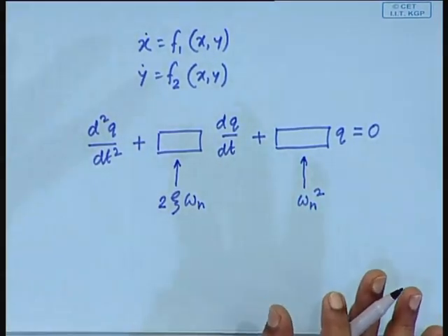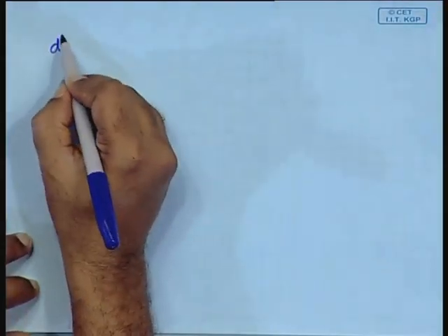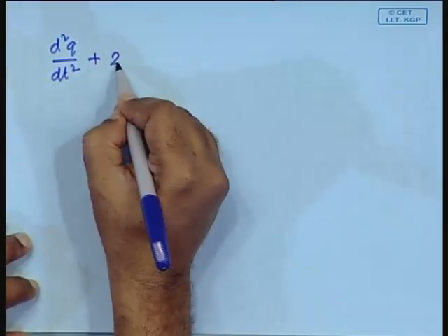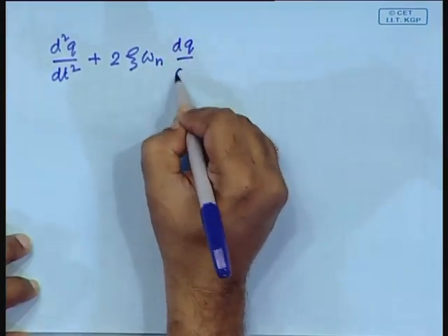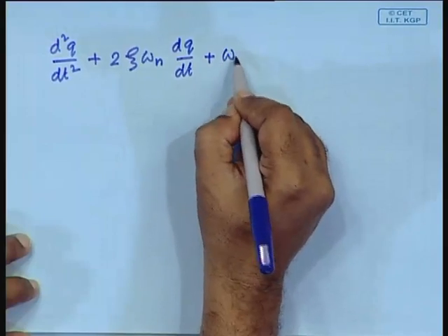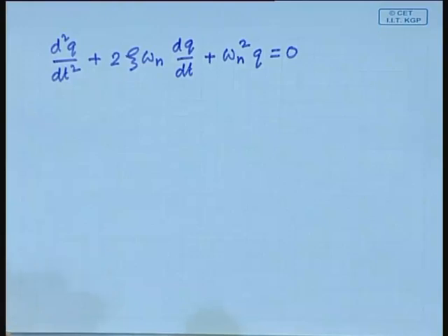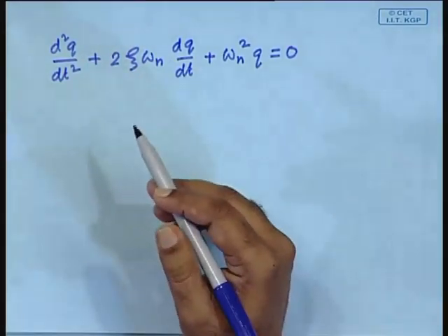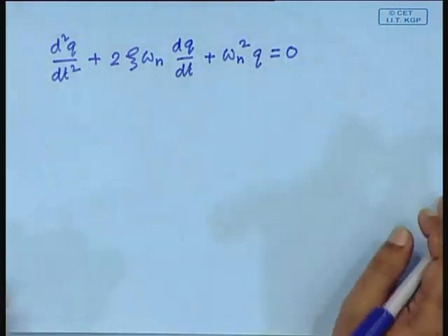I will come to that. So, the equation becomes d2q/dt2 plus twice zeta omega n dq/dt plus omega n square q is equal to 0. Normally these are numbers, but whatever the numbers are, we express it in this form. There is a reason for it. I will illustrate it a little later.